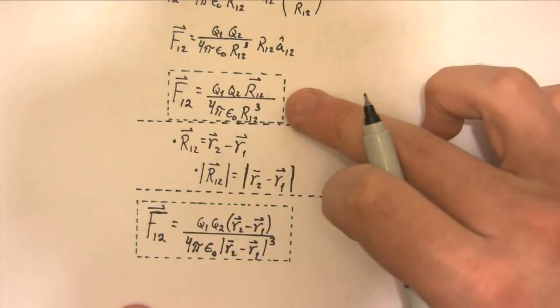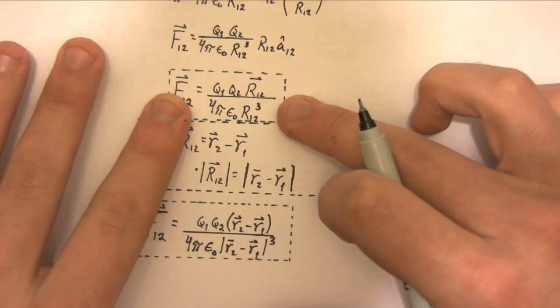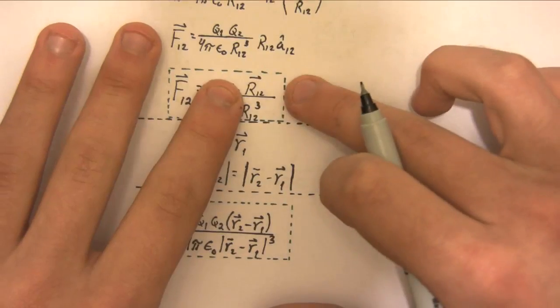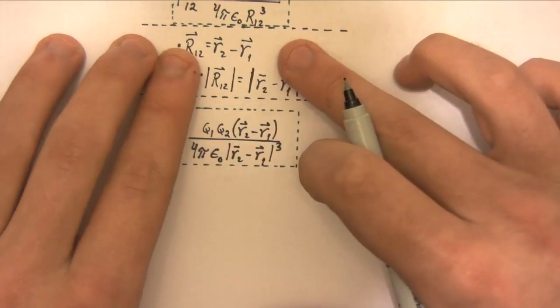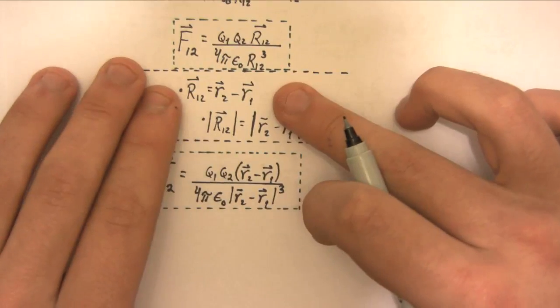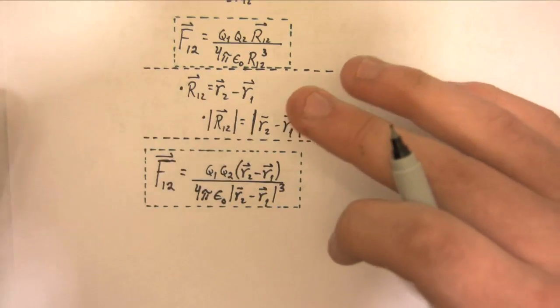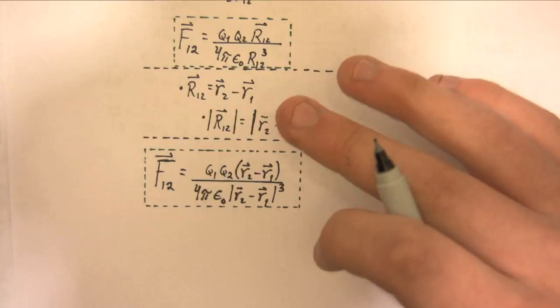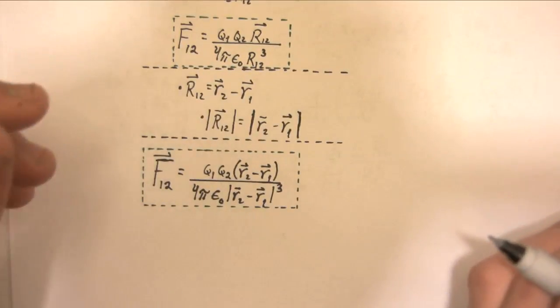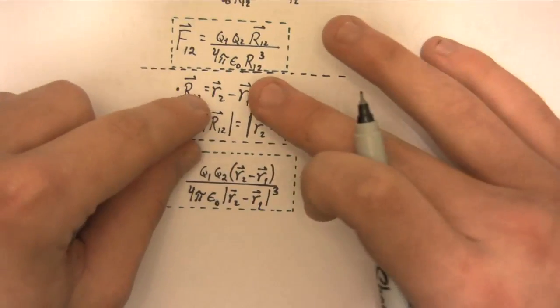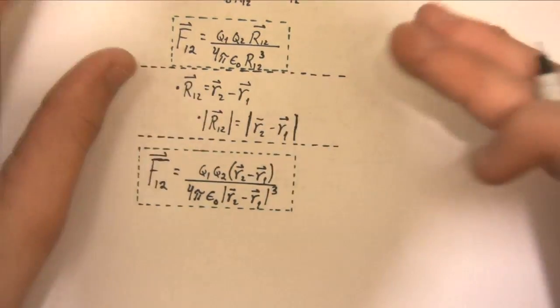Now, the same way we used this to show the distance from r1 to r2, you can also show it as this. The distance can also be shown from the origin, whichever point you want to consider as your origin starting point, as little r2 minus little r1.